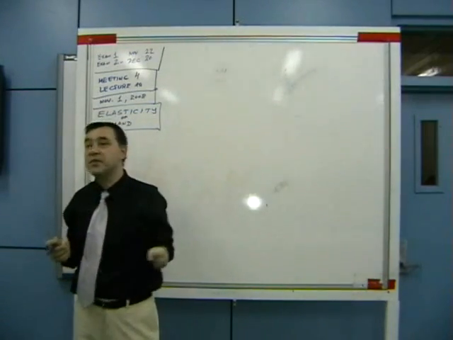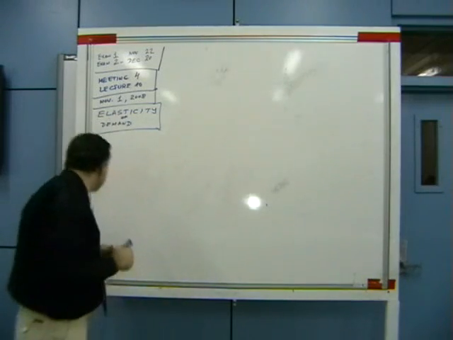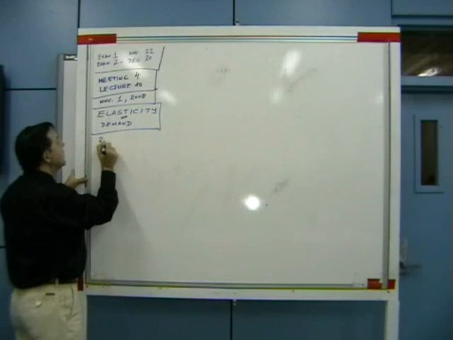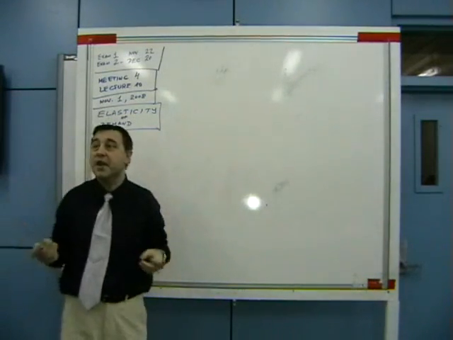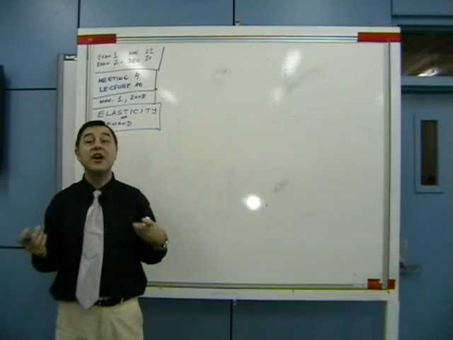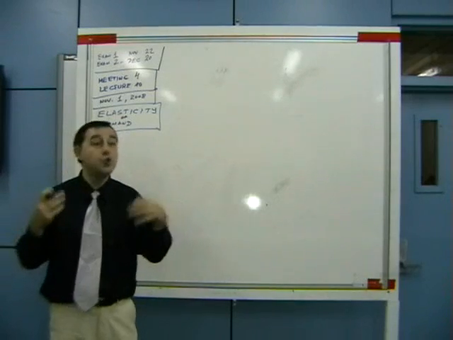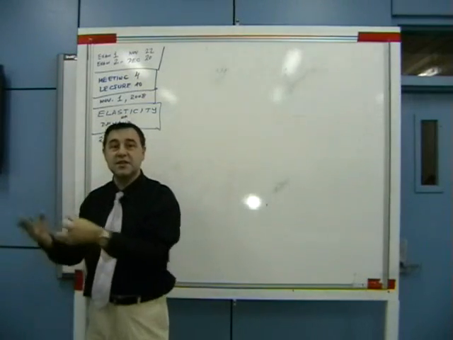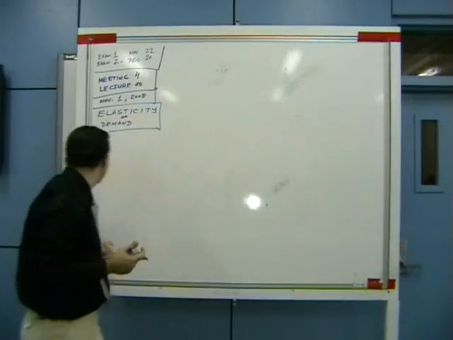What is the concept of elasticity? The concept of elasticity is that of what we use in common sense, which is not an economic concept, the common sense concept of responsiveness.